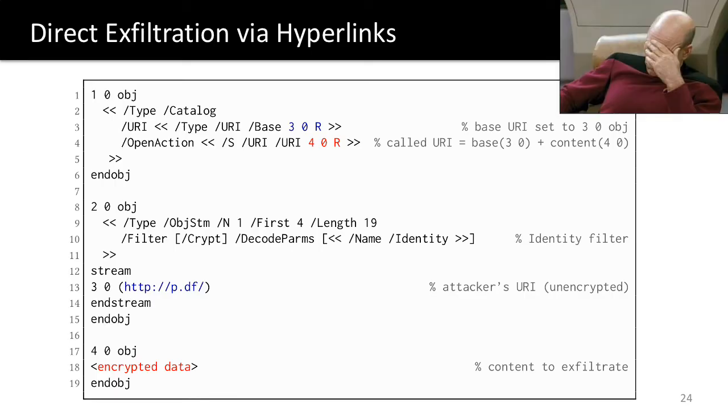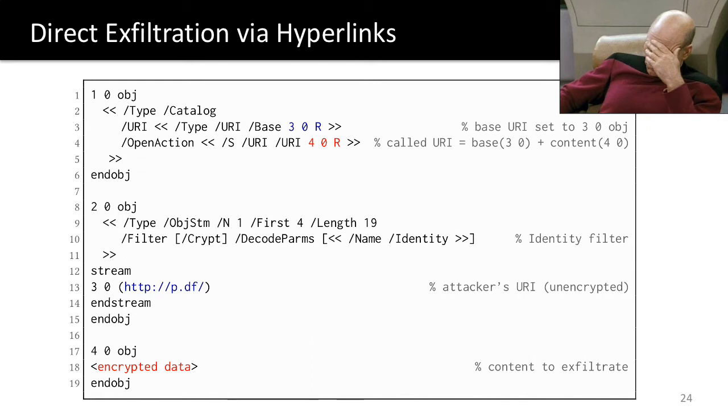Okay, and there's also some other options. So for example, you can use hyperlinks, which are technically UI actions in PDF. And basically you can say, well, I have an unencrypted string, for example, which is a URL, http p.df, and then I define any stream in the document as a string, and basically I use a base URL like p.df, and then as the URL path that is to be used, so a relative URL would be the encrypted part.